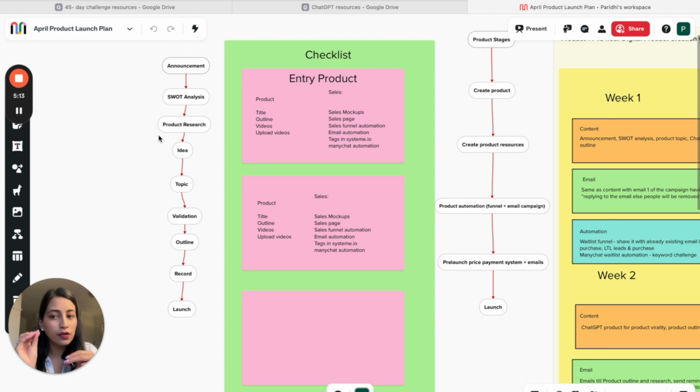People still want to learn this skill and you can create a digital product out of it. I'm not kidding. That's how easy product research can be. A lot of gurus make it very complicated, which I don't want to do, but that's what happens, right?